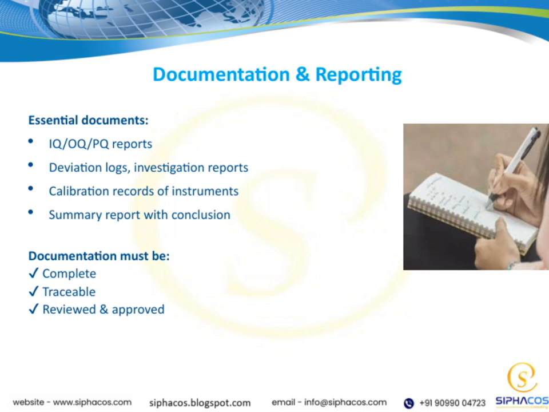Then, there are deviation logs and investigation reports, which document any deviations from expected performance and the investigations carried out to understand and address them. Calibration records of instruments are also vital, as they confirm that your measurement tools are accurate and reliable. Lastly, a comprehensive summary report with a clear conclusion provides an overarching view of the validation process and outcomes.